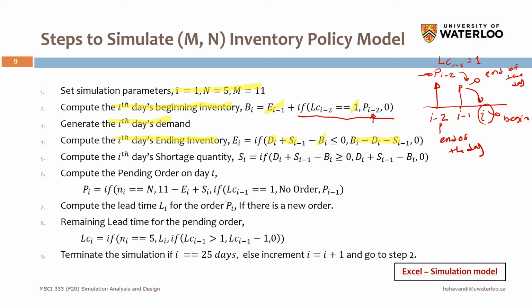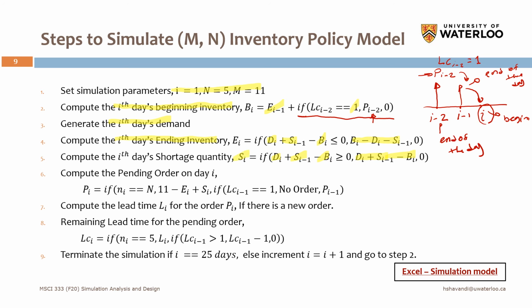Or if the demand of this day and the shortage from the previous day minus the inventory at the beginning of this day is positive, then DI plus S(I-1) minus BI will be the shortage at the end of this day.